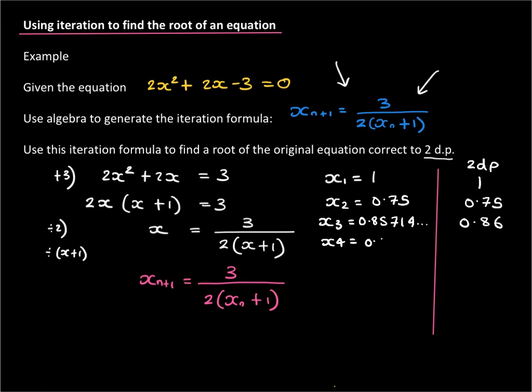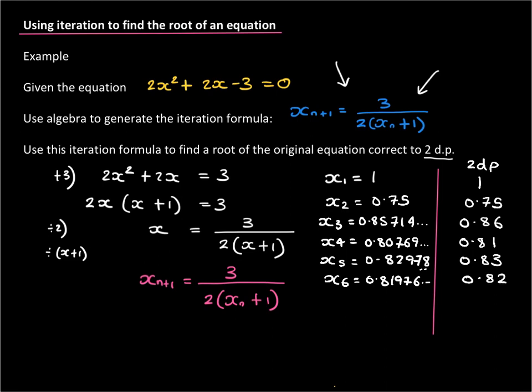x4 is 0.80769, so 0.81 to 2 decimal places. x5, 0.82978, so 0.83 to 2dp. x6 is 0.81976, which gives us 0.82.